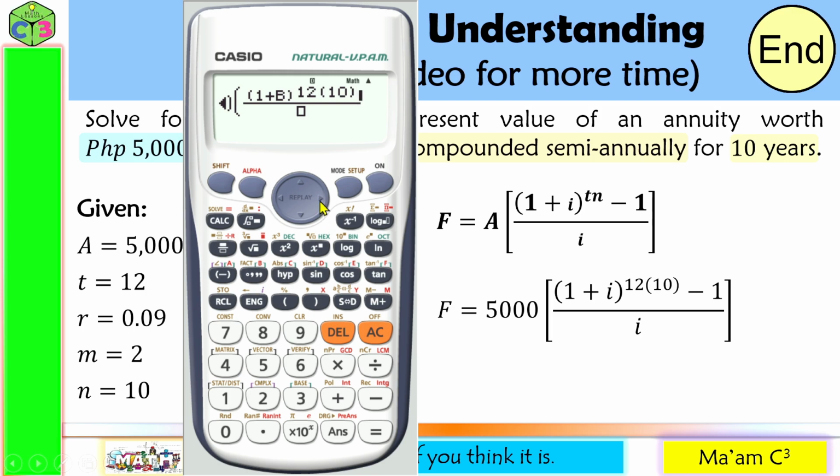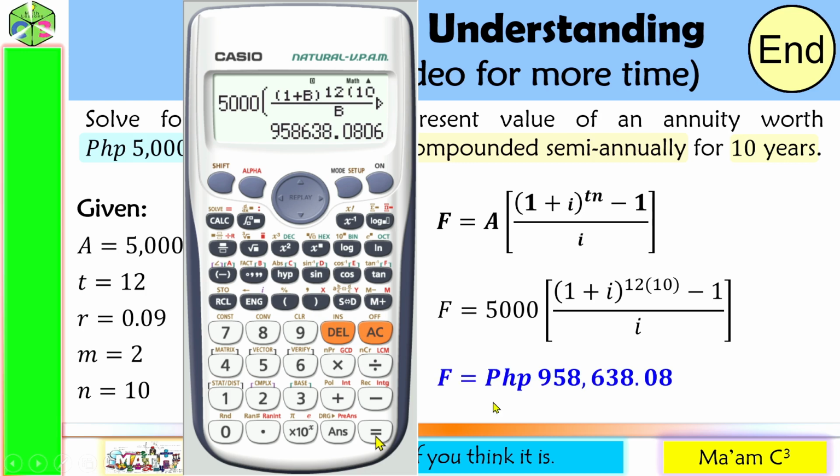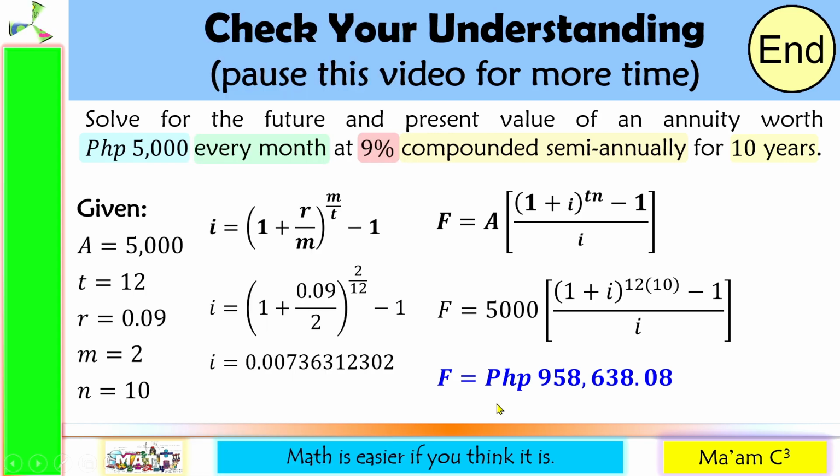Cursor to the right, minus 1. Cursor down, alpha, B. Cursor to the right, close parenthesis, equals 958,638.08. That is our future value.